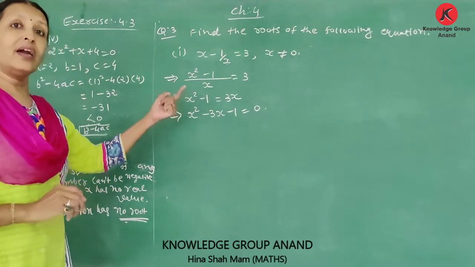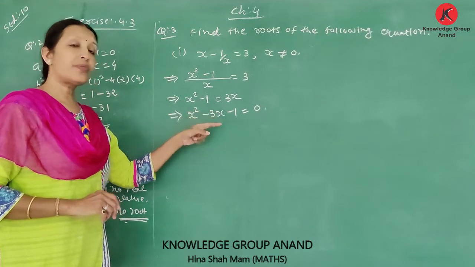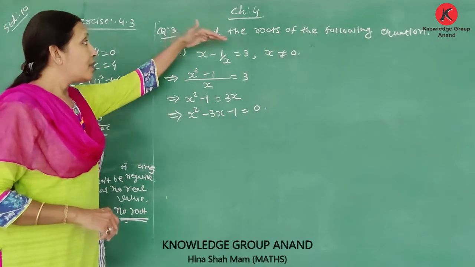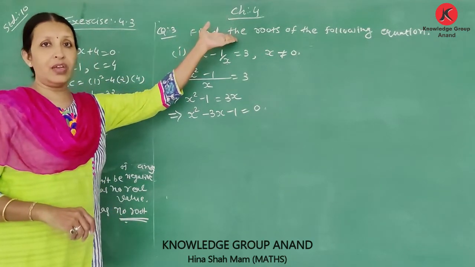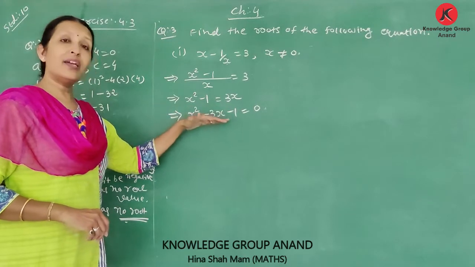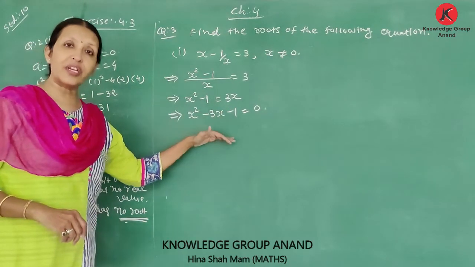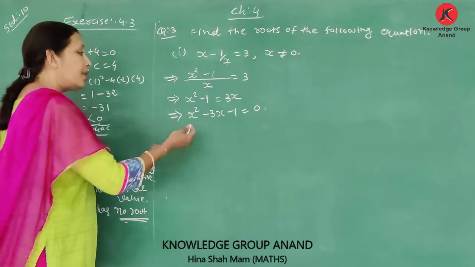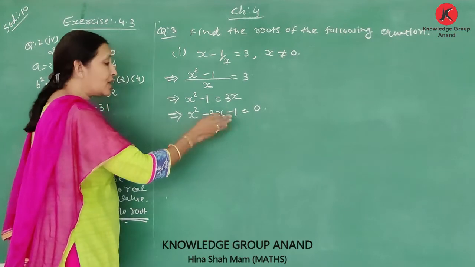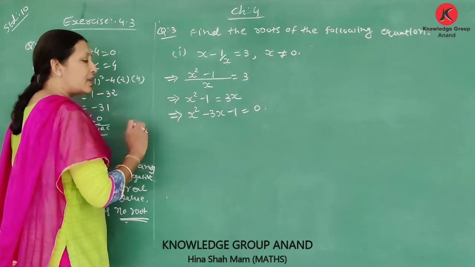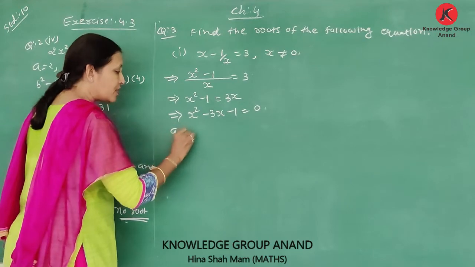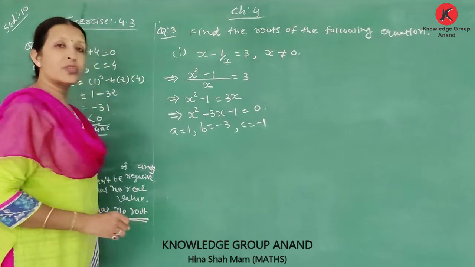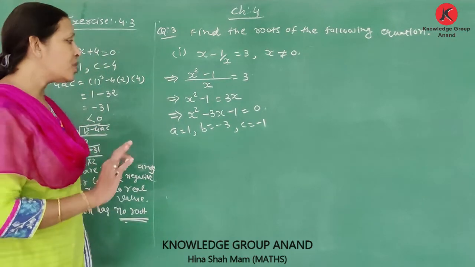Now we find the roots of the quadratic equation. Here I use the general formula or quadratic formula. You may use the completing square method, but I use the general formula here. a is equal to 1, b is equal to -3, c is equal to -1, which is so easy.